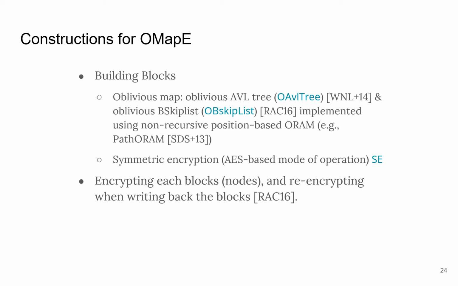There are 2 oblivious map candidates. One is oblivious AVL tree, and the other is oblivious B-skip list. Both can be built using non-recursive position-based ORAM, encrypting each block of the underlying ORAM and re-encrypting when writing back the blocks will satisfy our new security definition for Omap-E.